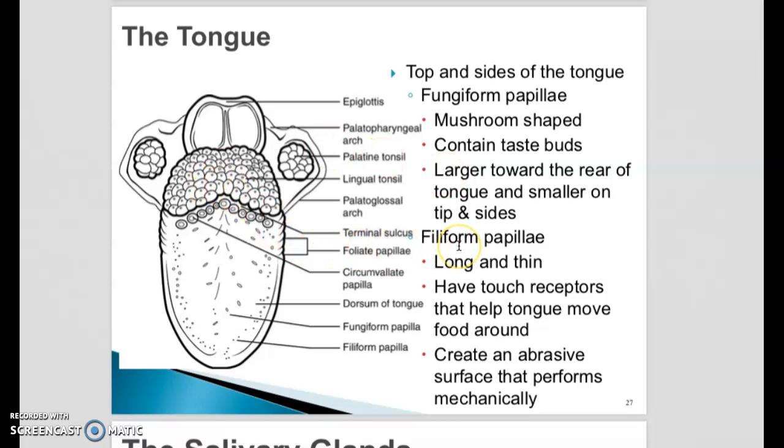Then the filiform papillae are the touch receptors and help your tongue move around the food to break it down. They create an abrasive surface that performs mechanically.